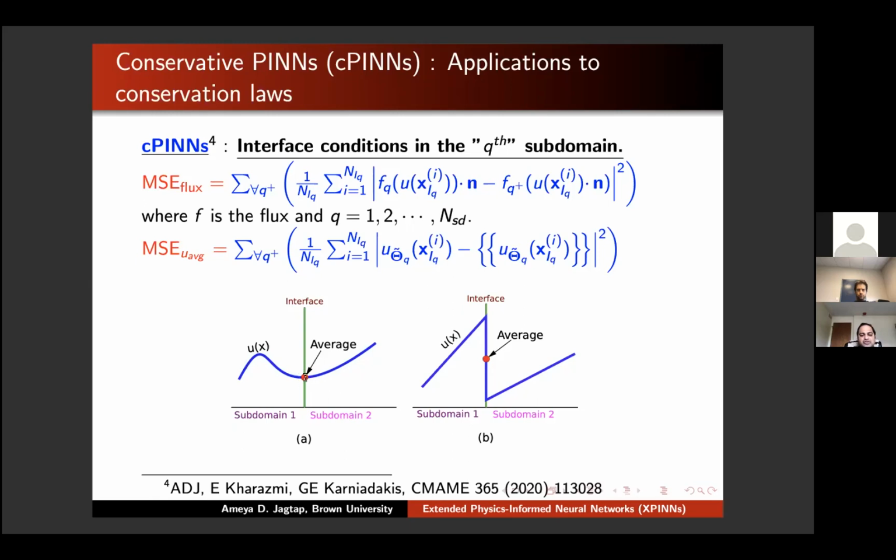So the average of two solutions is the same point here. But in case of a discontinuous solution, which we can expect, say for example, in a hyperbolic conservation law, in this case we are actually enforcing this middle point here. That's an average value. So we will see what was the advantage of enforcing this average value here.